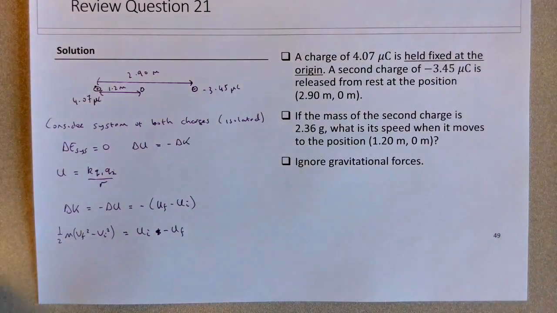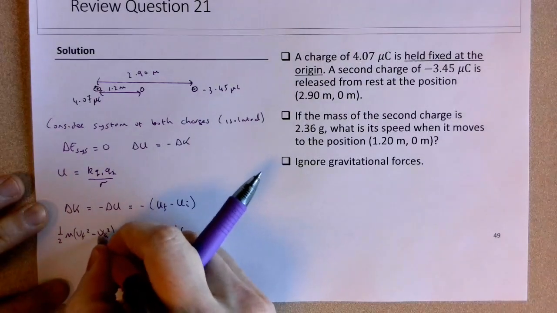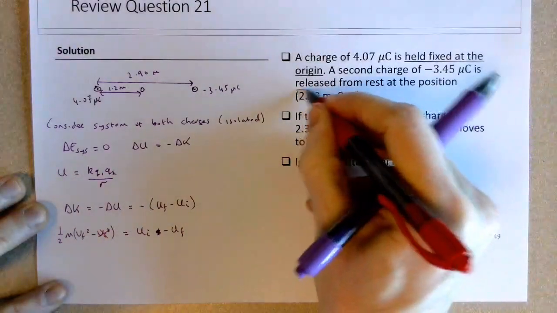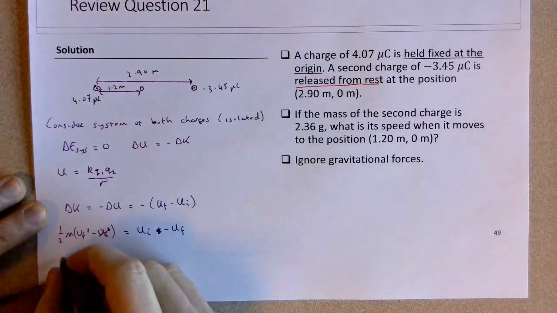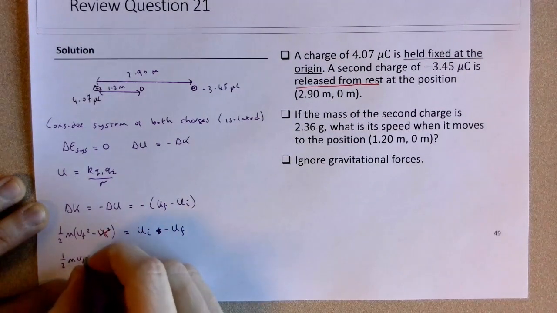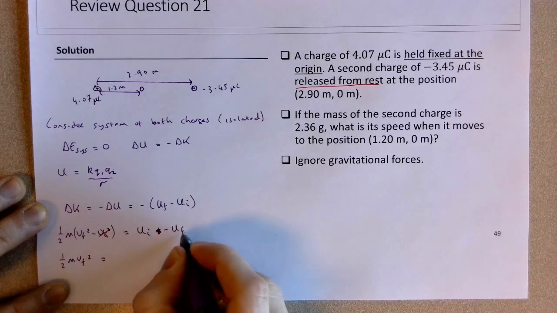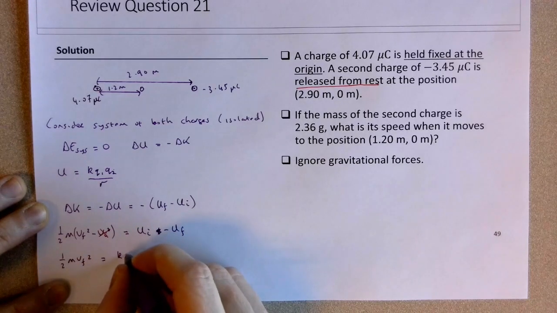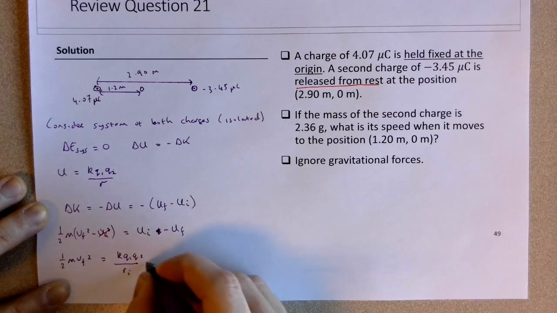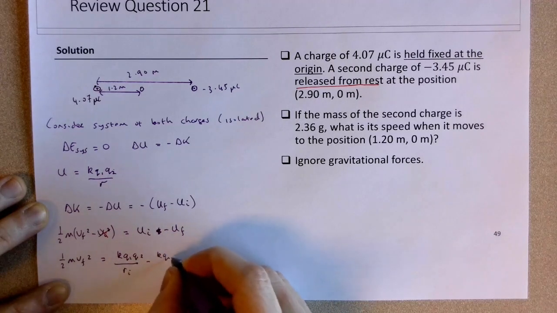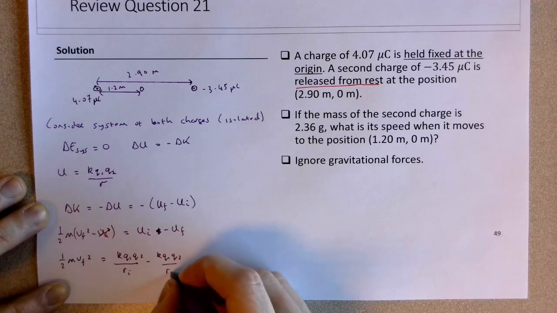Here we can say that vi squared is 0 since it's released from rest up here. And so 1/2 m vf squared is equal to kQ1Q2 over r initial minus kQ1Q2 over r final.